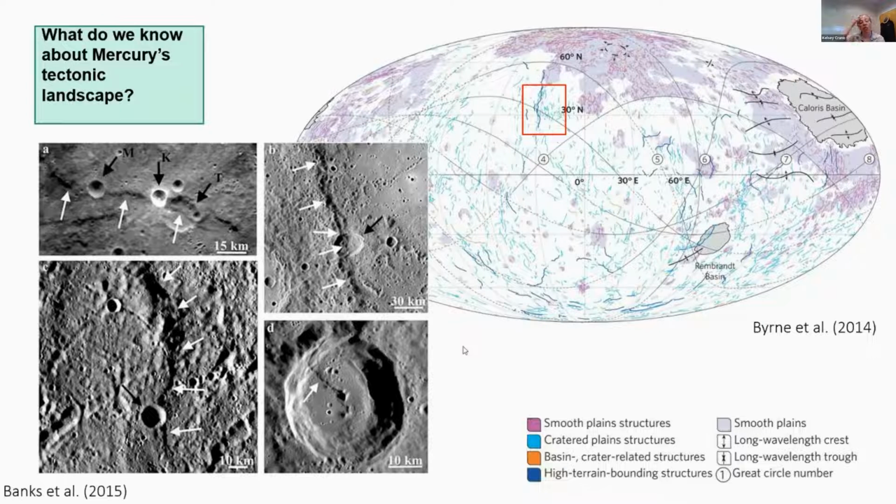So you can start to think about stratigraphic relationships of faults with impact craters. And what we know from looking at that and from dating impact craters is that there's been a long history of tectonism on Mercury. Not all of these structures are young, and they're also not old; it's long-lived, and that tectonism was really prevalent early in Mercury's history and has kind of slowed down toward present day.